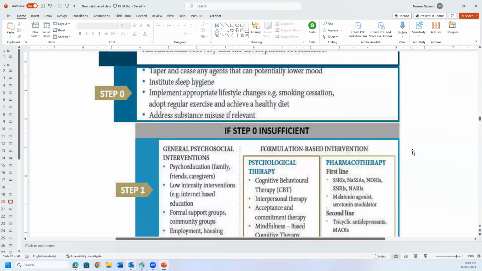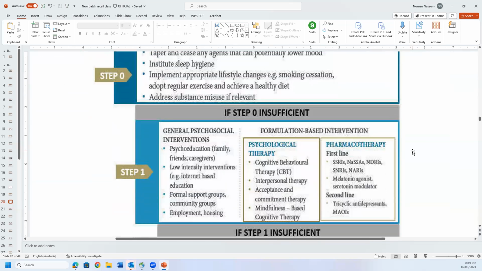Okay, if step 0 is not working, then you refer the patient to psychological therapy. It can be cognitive behavioral therapy. It's individual based. So cognitive behavioral therapy, interpersonal therapy, acceptance and commitment therapy, mindfulness based cognitive therapy.